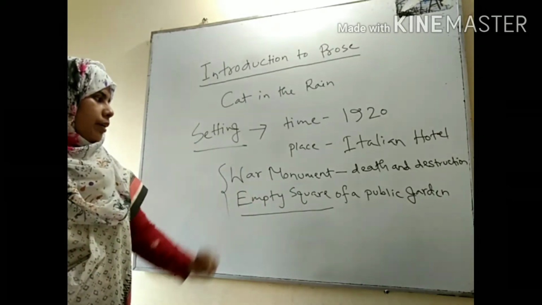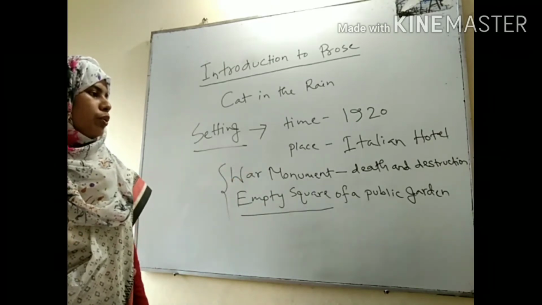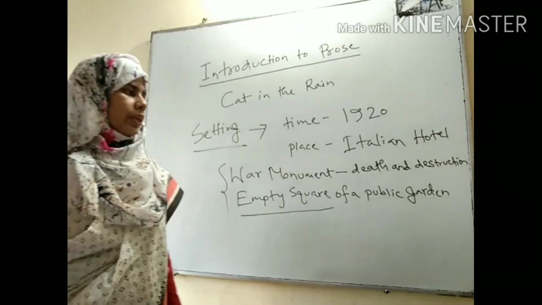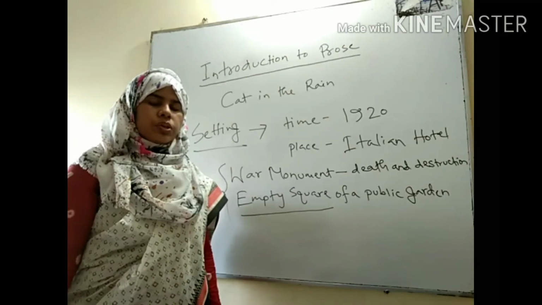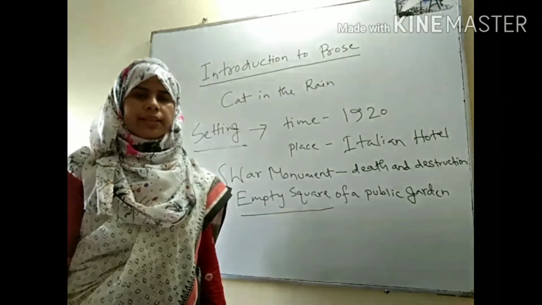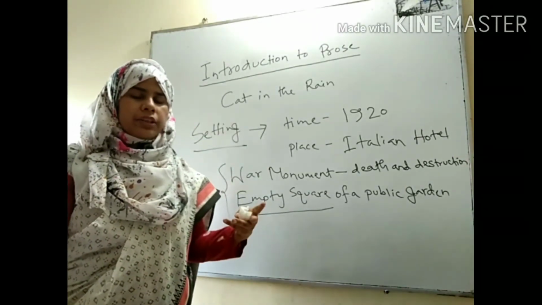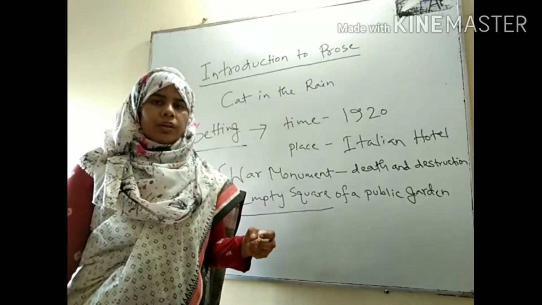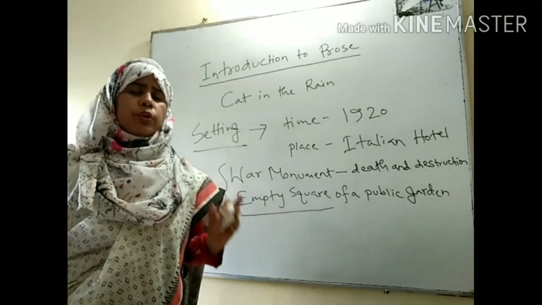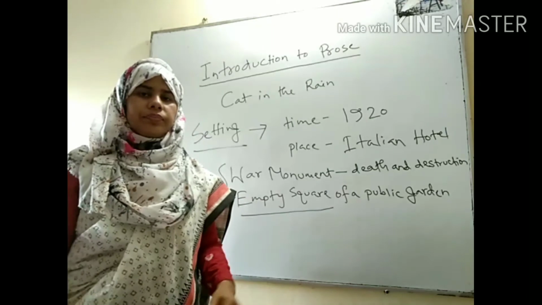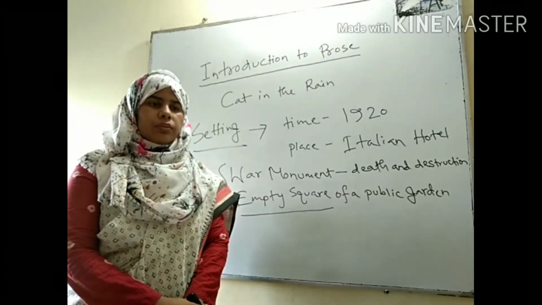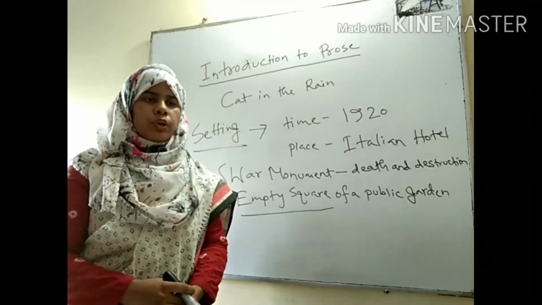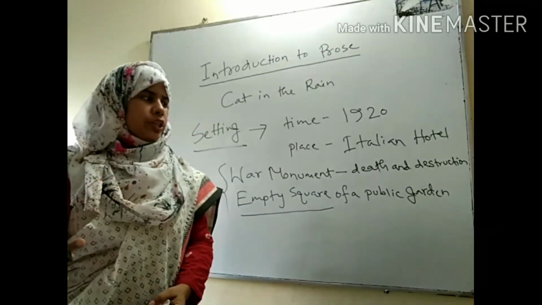The wife sees the empty square, the wife sees the warm moment, it's raining, and the wife also sees something. She says that a cat is trying to keep itself protected from getting soaked or from getting wet from rain.